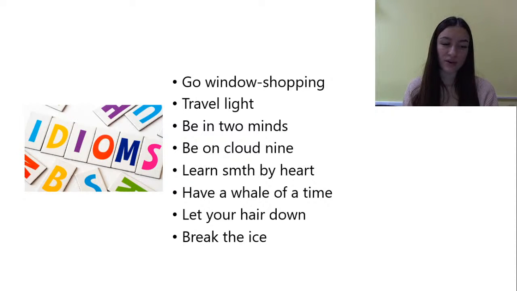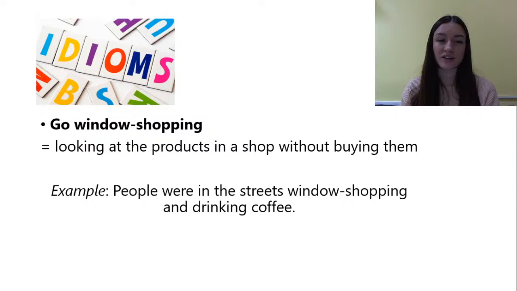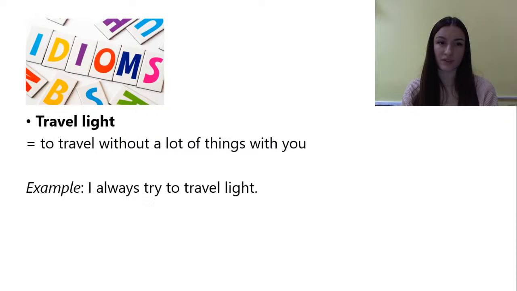So these are the phrases that we have learned today. These are idioms that we have learned today. So look again, go window shopping means looking at the products in a shop without buying them. For example, people were in the streets window shopping and drinking coffee. Travel light, to travel without a lot of things with you.